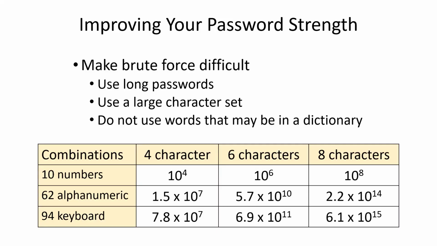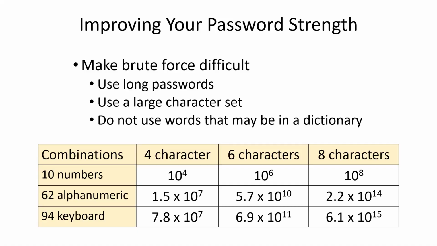Now, a 4-character alphanumeric password with 62 values gives 1.5 times 10 to the 7th, that's 15 million. Yeah, you could write a program that would do that. It might take a few minutes to run, but your laptop's fast.